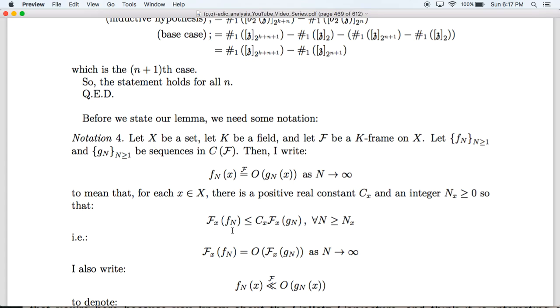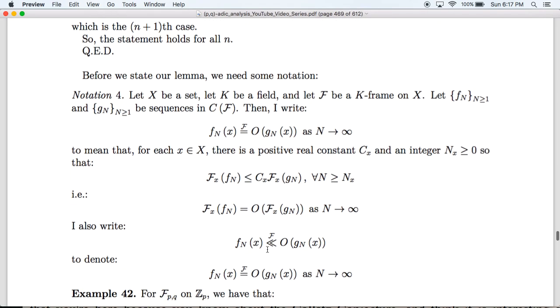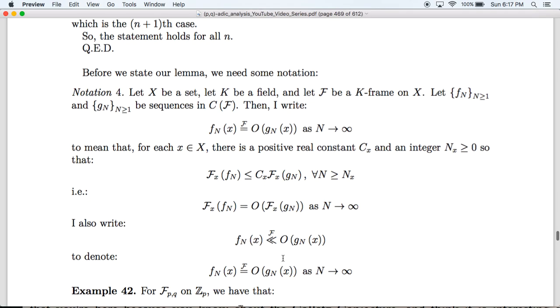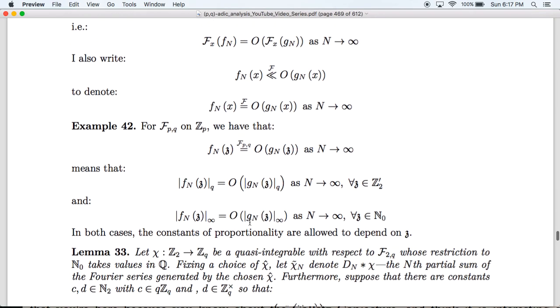And on the other hand, we change things to using the real absolute value if z was a non-negative integer. I will also write this using the Vinogradov notation. So as an example, for the simple p,q-adic frame, this asymptotic means the following.